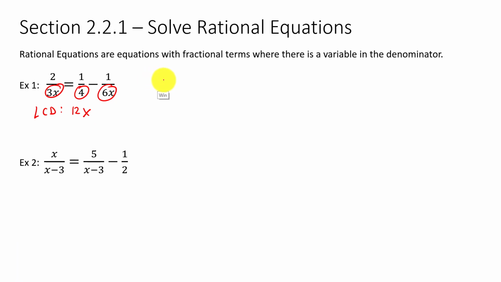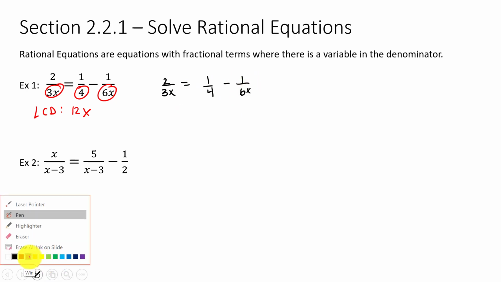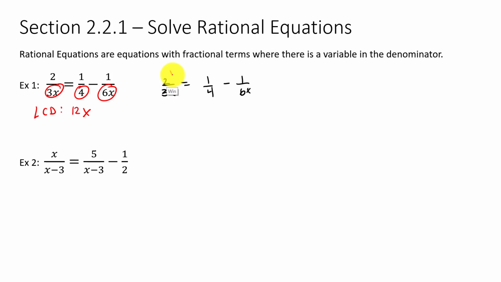So I'm going to rewrite the original equation. Okay, and what we're going to do here is multiply each term by 12x. And notice I'm not trying to get a common denominator in here.